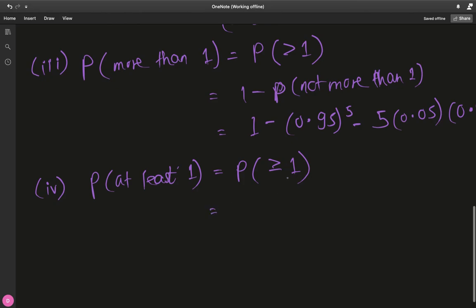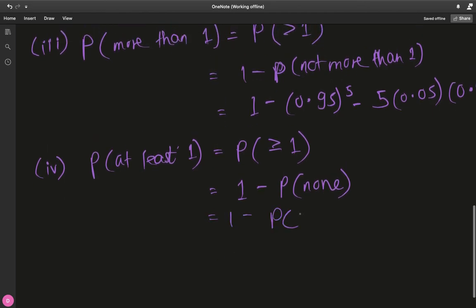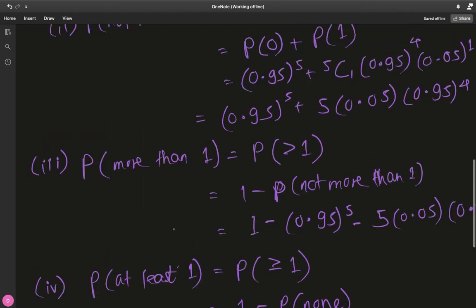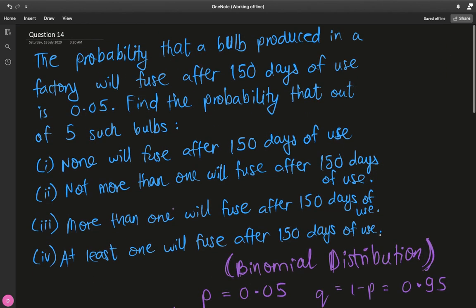Okay, so greater than or equal to 1. So which means the set of all, minus, you subtract probability of none from that. Probability of 0. So 1 minus P of 0, none fusing. So 1 minus 0.95 to the fifth power. And that's it. We're done with question number 14.